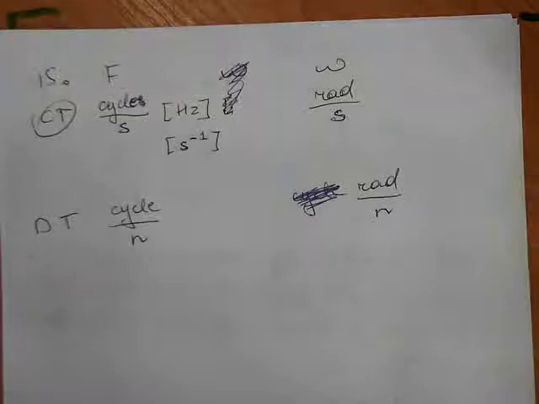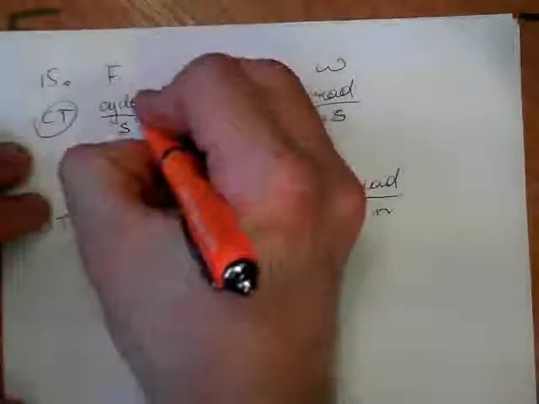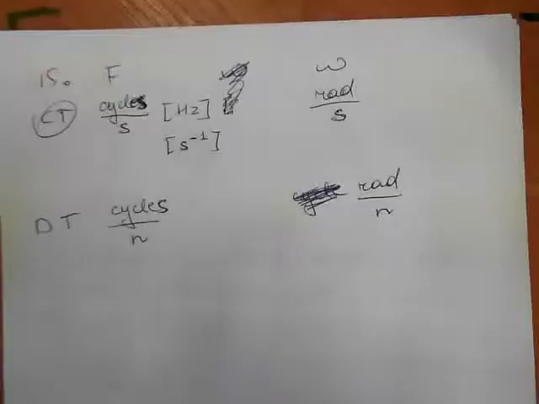So this is what you need to know about the frequencies. So write here as cycles per sample, cycles per second, radians per sample, okay. It's good. Now number 16.